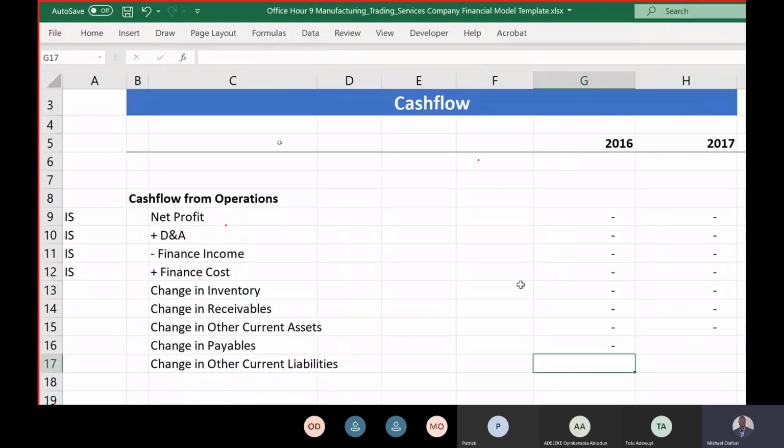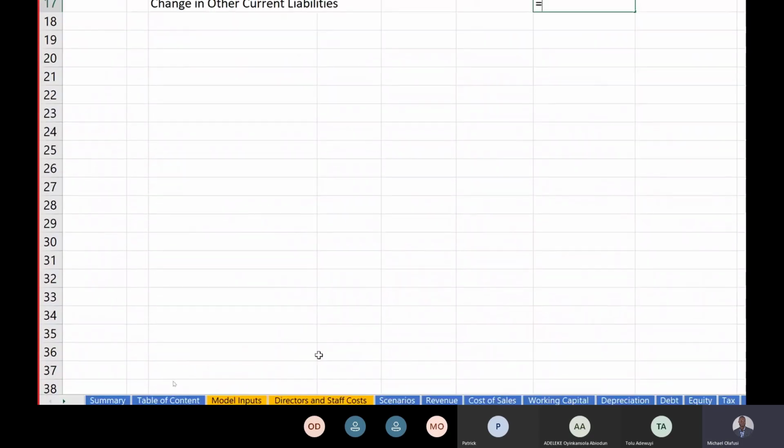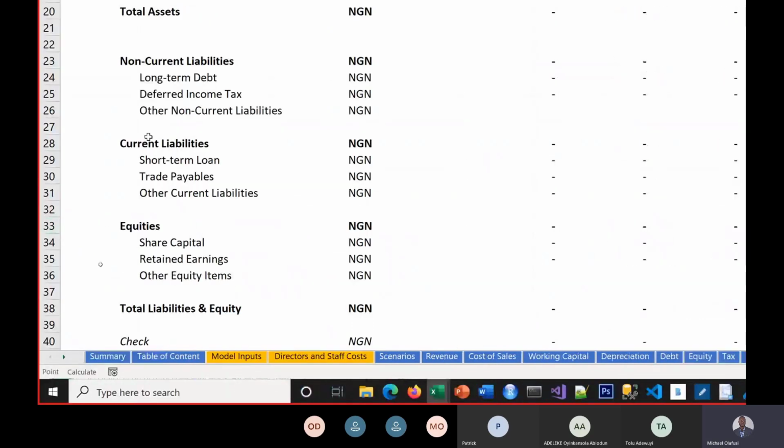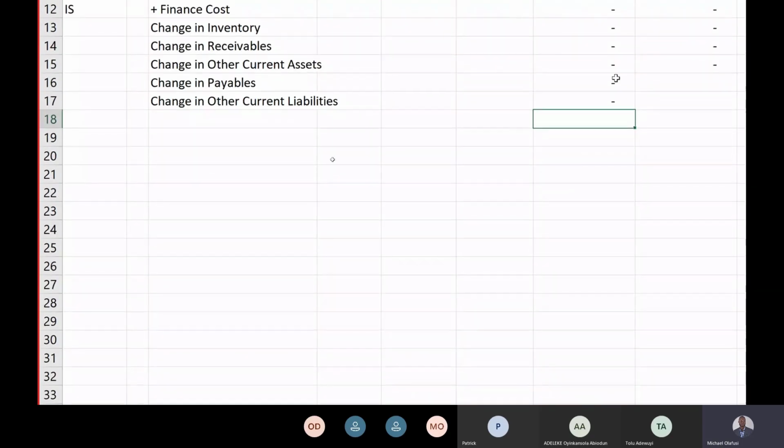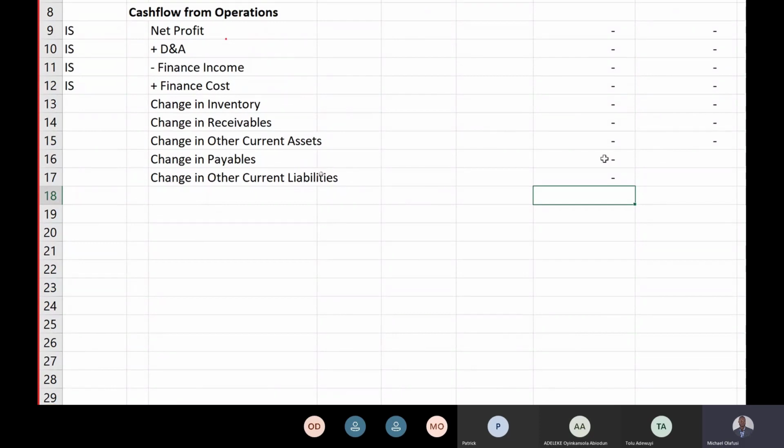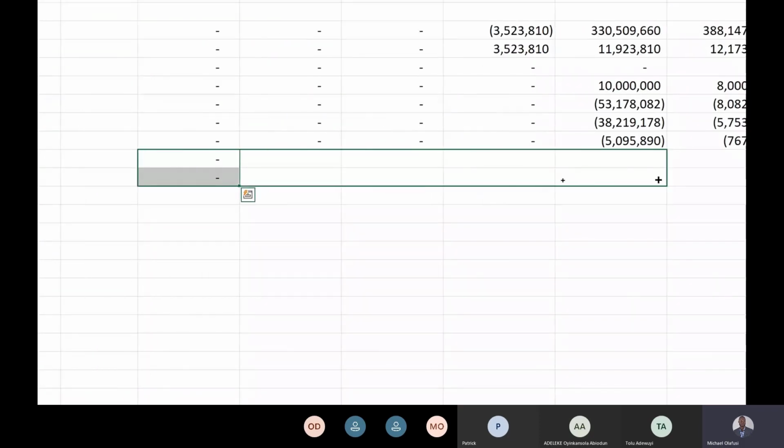Okay, and then other current liabilities. If I go there, you'll find out that again we are doing this year minus last year. All right, and with that we are done with the asset and the liability side of it all.